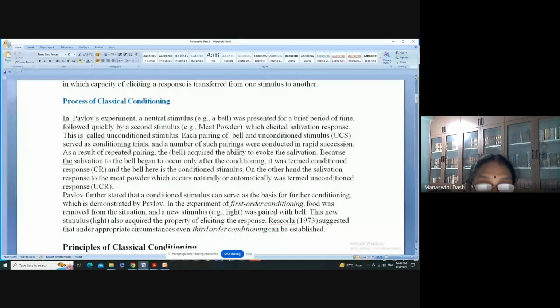Here the bell becomes the UCS and the light gradually acquires the property of eliciting the response. So this is called second order conditioning. Understood?